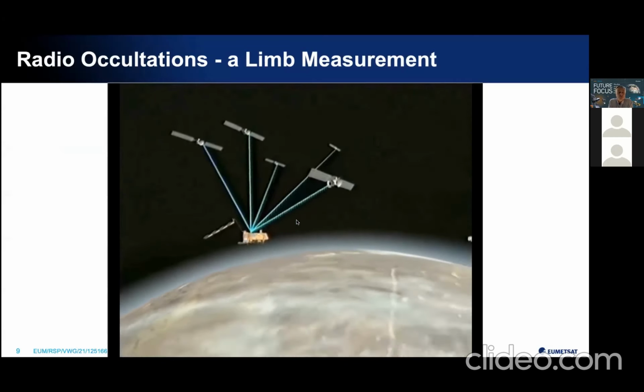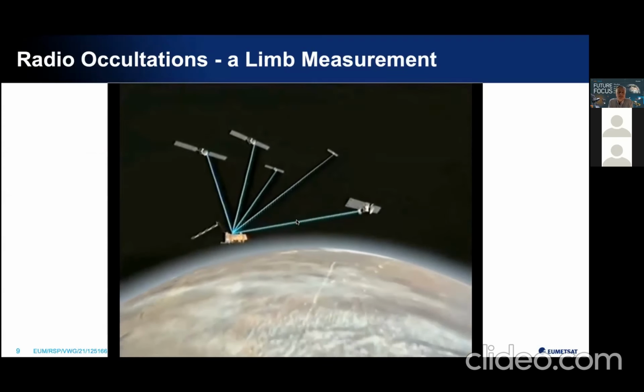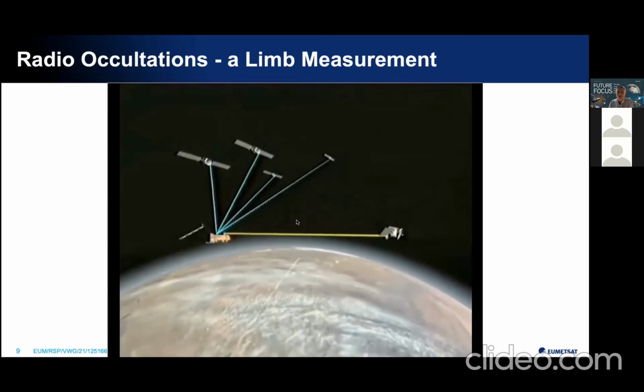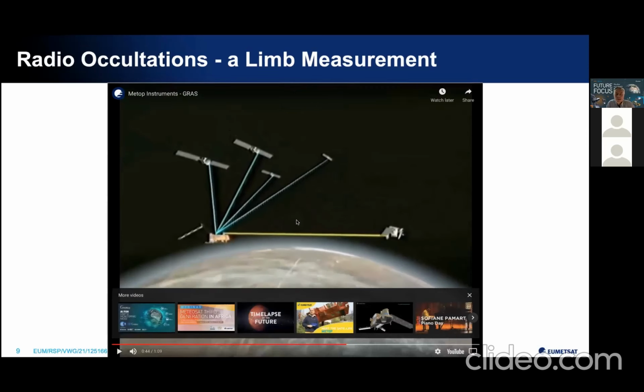Now, every once in a while, one of the GPS satellites is setting behind the Earth's horizon. This is what's happening here. If I may stop that for a moment, the yellow link is now taken from one of the occultation antennas, in this case one of the forward-looking ones. So we are looking forward and backward from the point of view of the spacecraft. And what happens now is that the signals which have been traveling through vacuum are now traveling horizontally through the atmosphere.